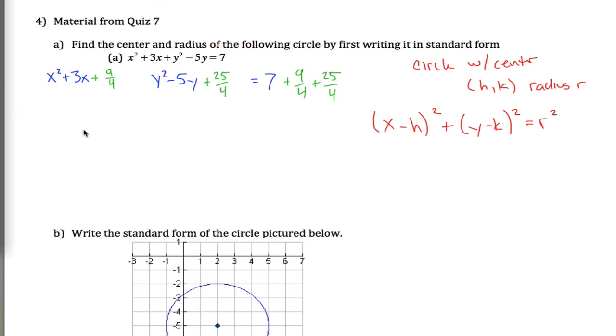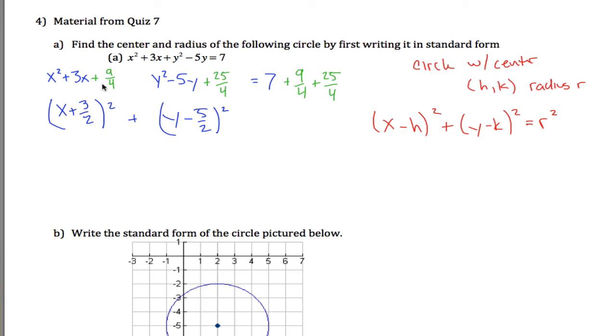What those perfect squares are equal to, well, it turns out this one is x plus 3/2 squared, and this one is y minus 5/2 squared. How did I know that? Well, two ways. The harder way, if you FOIL this all out, you'll see that you end up getting back here. Try it out. FOIL this, x plus 3/2 times x plus 3/2. You'll get this.